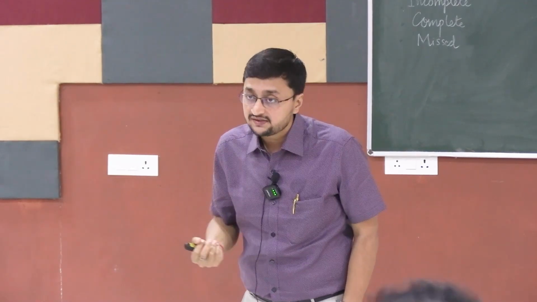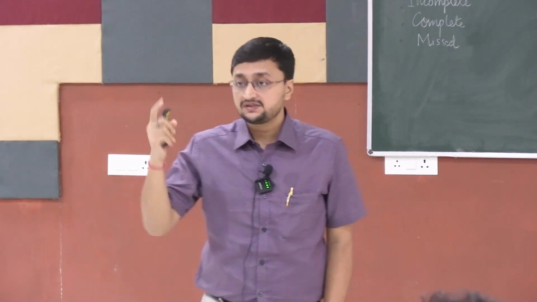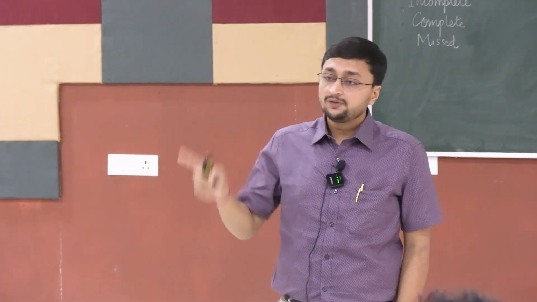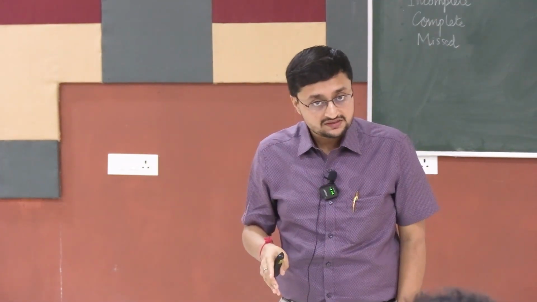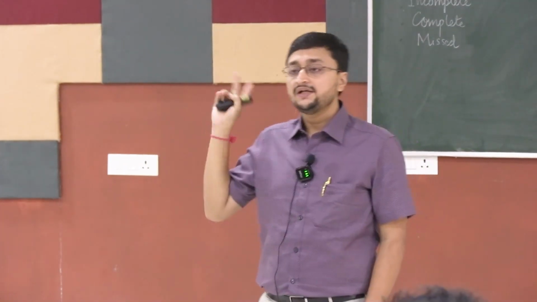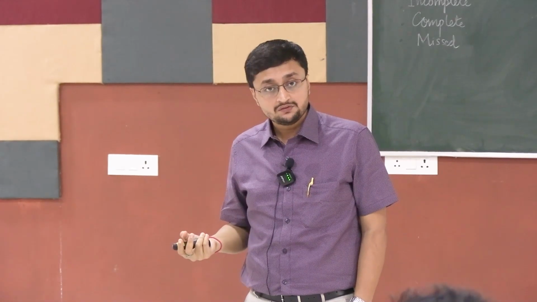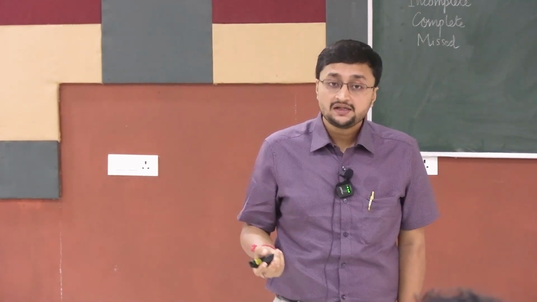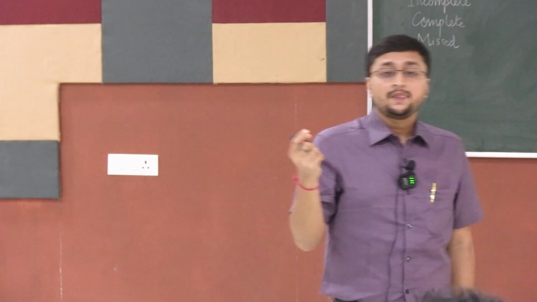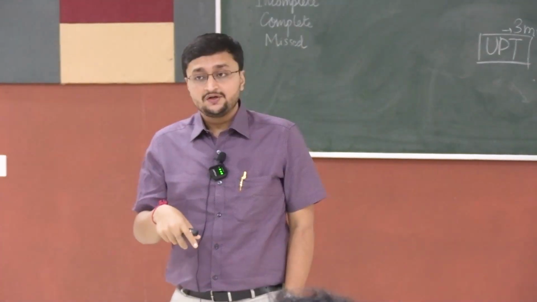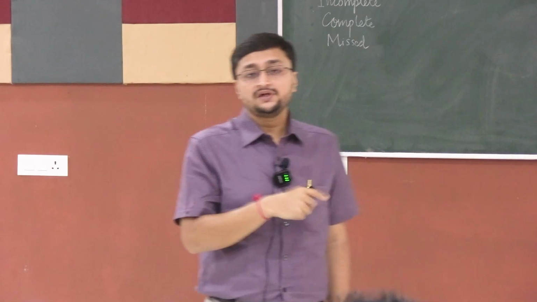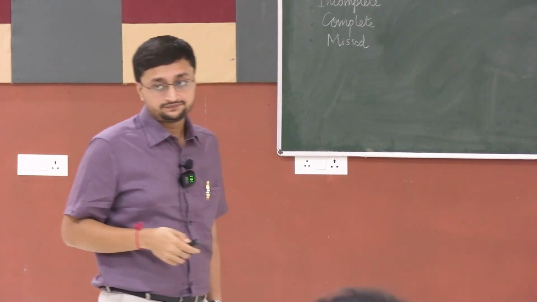So how do you assess the re-expansion of the lung? First, symptoms: shortness of breath will be decreased. Second, the presence of breath sound in the absent breath sound area or unequal breath sound area, the return of the normal percussion note, and radiologically by doing an X-ray or USG.